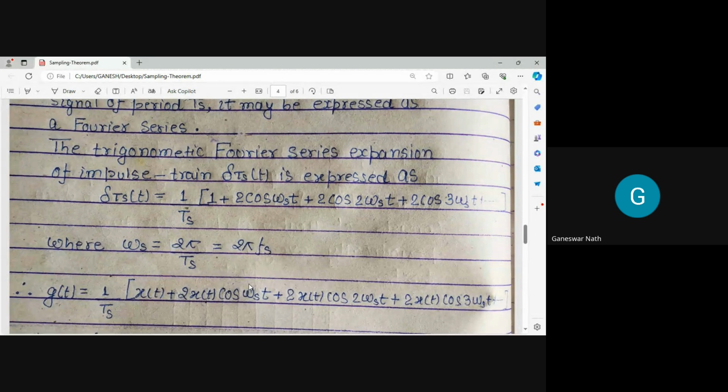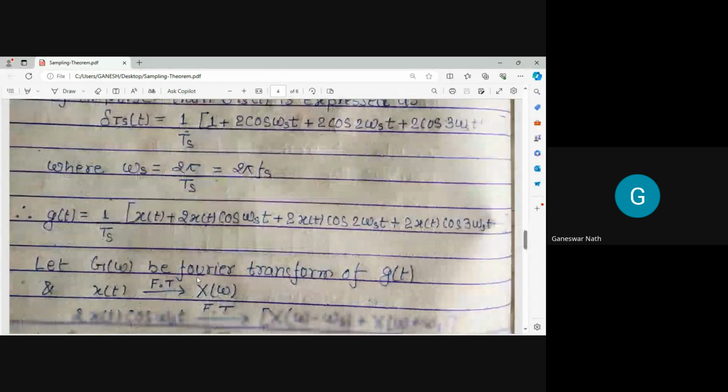Then you can find omega s is equal to 2 pi by ts, that is 2 pi fs, and when you substitute this value in gt, you can get this expression.